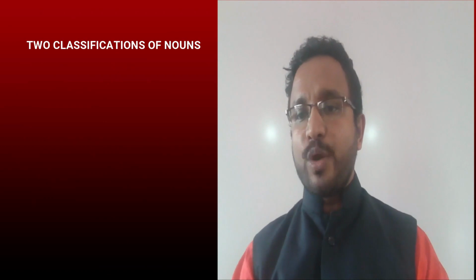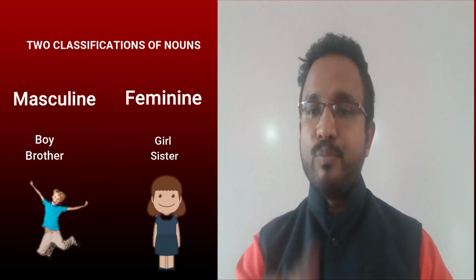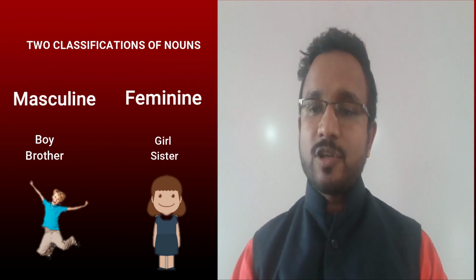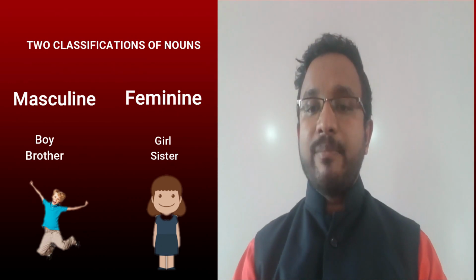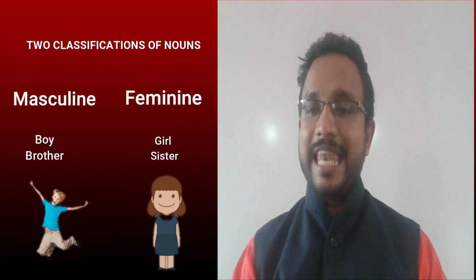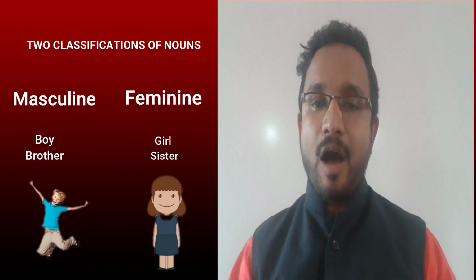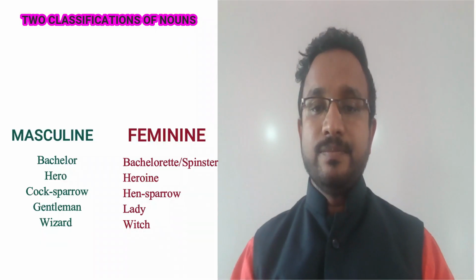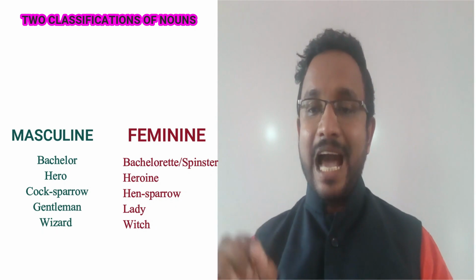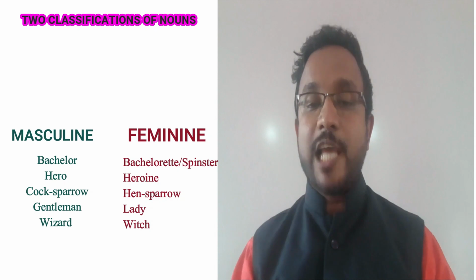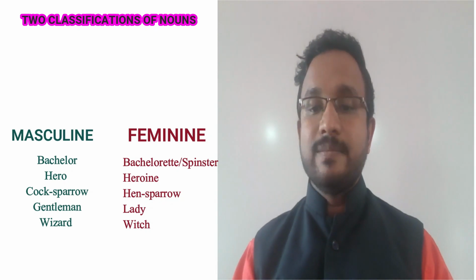You may be familiar with the masculine term boy and the feminine term girl, or the masculine term brother and the feminine term sister. Now, let's quickly get back to some other examples. Bachelor. Bachelor is a young unmarried man, and the feminine term for the same is bachelorette.